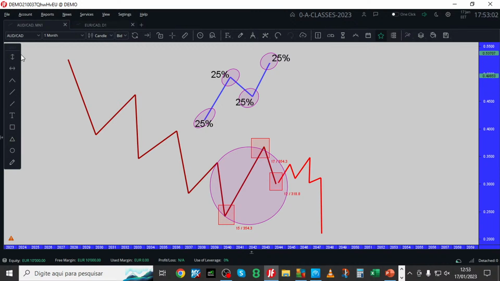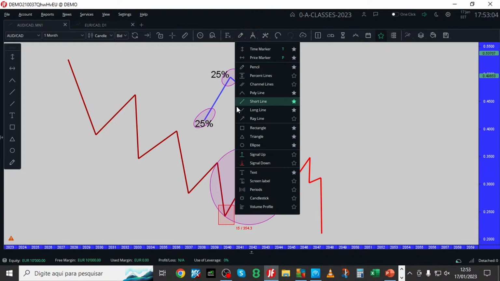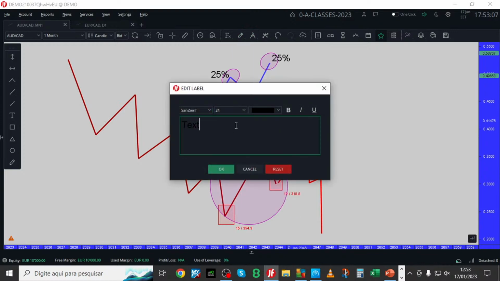So let us ask maybe a better question. Okay, so we all agree it's no brainer. We are buying a 75% uptrend.